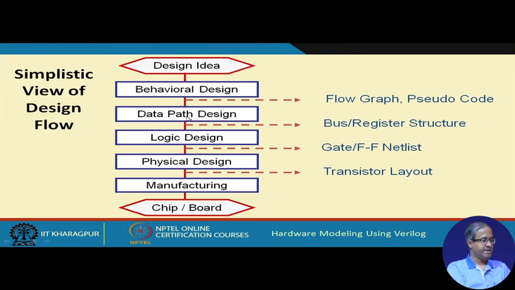Then in the next step we convert it into logic design, where you have gates and flip flops, then physical design where you have transistors, then we go for the last step of manufacturing, where the transistors are finally laid out and they are ready to be fabricated on silicon. Now we can send our design to the fabrication house, where they can actually fabricate our chip for us. Okay.